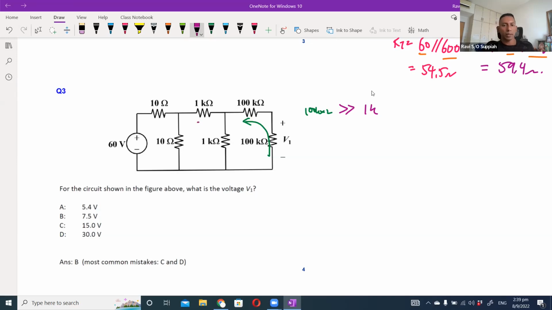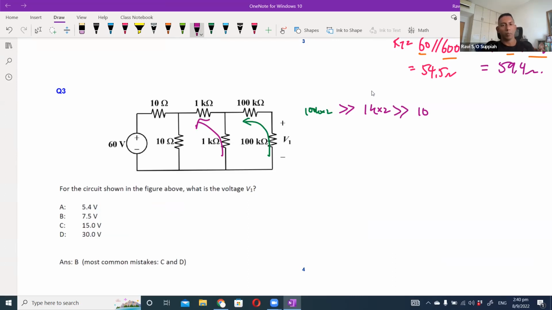Then when I look down here, it will be 1k in series with another 1k, which means it's approximately 2k. That is also significantly greater than the 10 ohms. So when the 10 ohm is parallel with this 2k, it is also going to be almost close to 10 ohms.